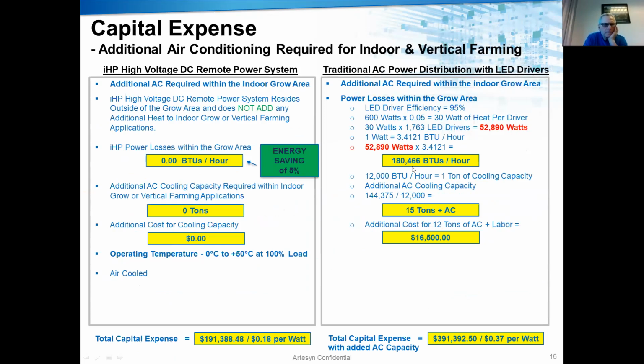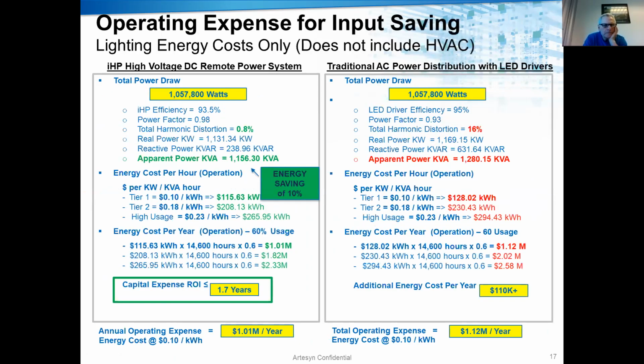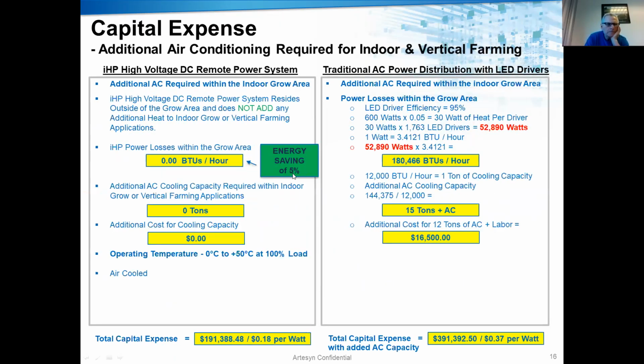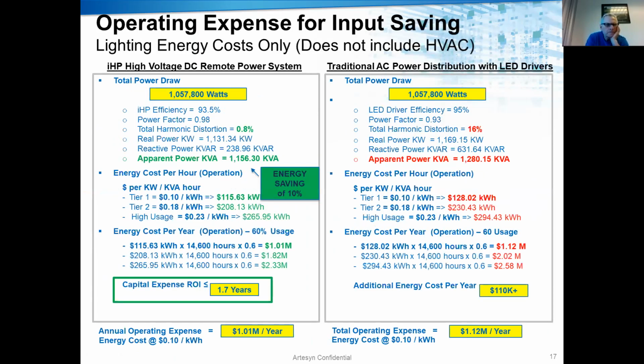And that's 180,000 plus BTUs, which means you need an additional 15-ton unit on top of whatever AC you need before. So that's just 15 tons extra, which is 16,500 just for the equipment and installation roughly. Okay. So basically right now we're picking up a 5% savings by putting the equipment into electrical closets just because of the heat. Okay.